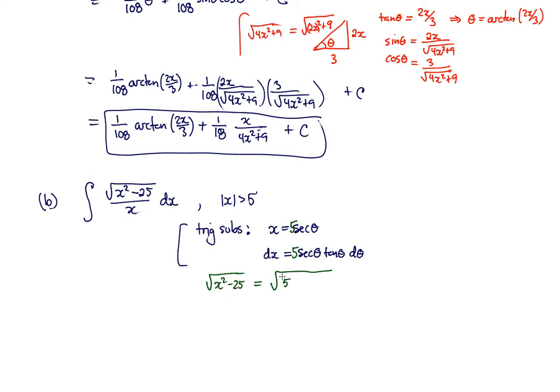So this becomes 5 secant theta squared minus 25, or 5 squared. So I can factor out the 25 of each piece, pull it all the way out of the square root as a 5, and that's a secant squared theta minus 1. And so that becomes 5 times the square root of tan squared theta.